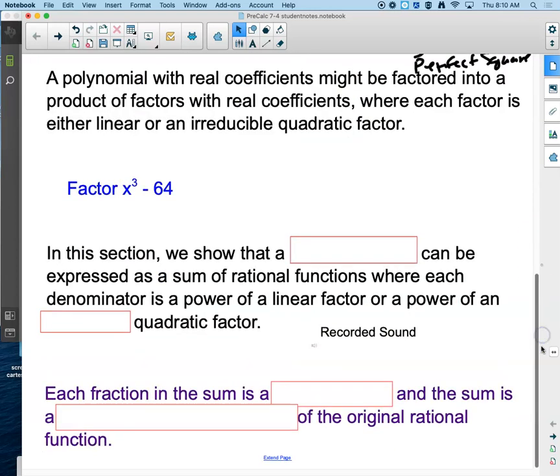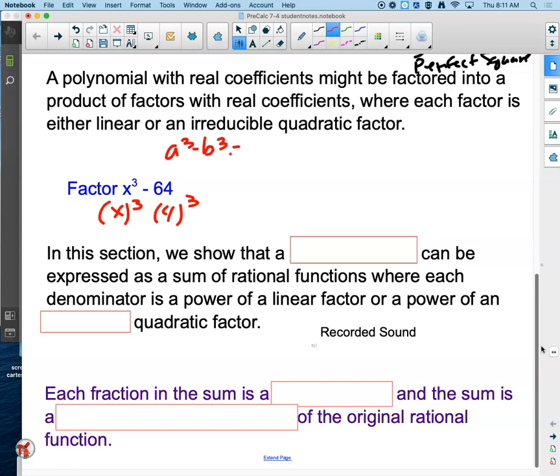Now, this one says we want to factor x cubed minus 64. It's been a while since you had to factor the difference of two cubes. So we notice that this is x cubed, and hopefully with a little bit of time we would notice that 64 is 4 cubed. And the formula for this involves a little bit of logic where you think, all right, if I've got a cubed minus b cubed, there's 3 of them in there.